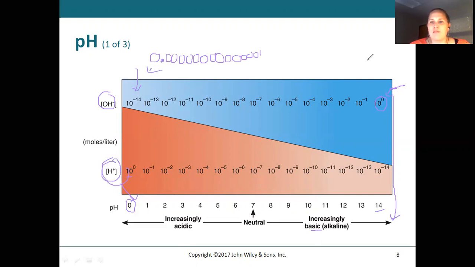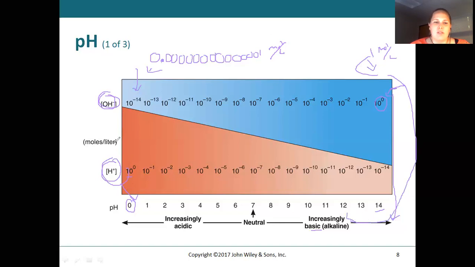And then if we're looking at the very concentrated end, there would be 1 mole per liter of OH- here, versus here where you have this number of moles per liter, which is how we're annotating this. So you have far fewer OH- at this end of the spectrum, and here you have far more, and so that's going to lead to the very basic.